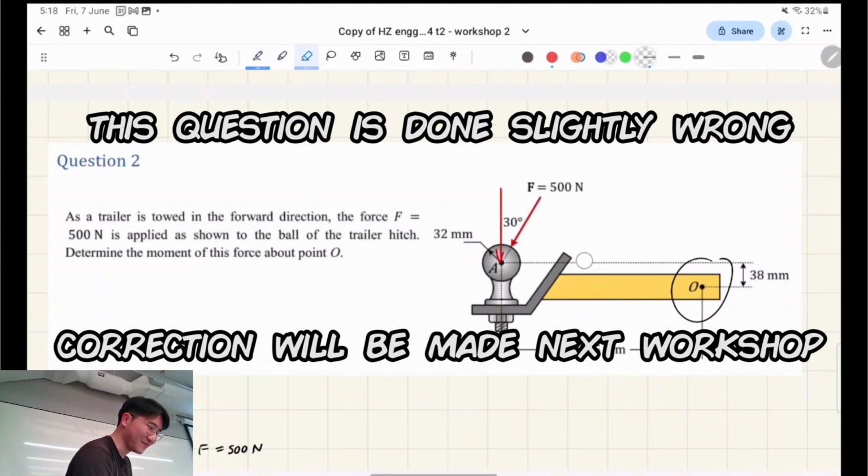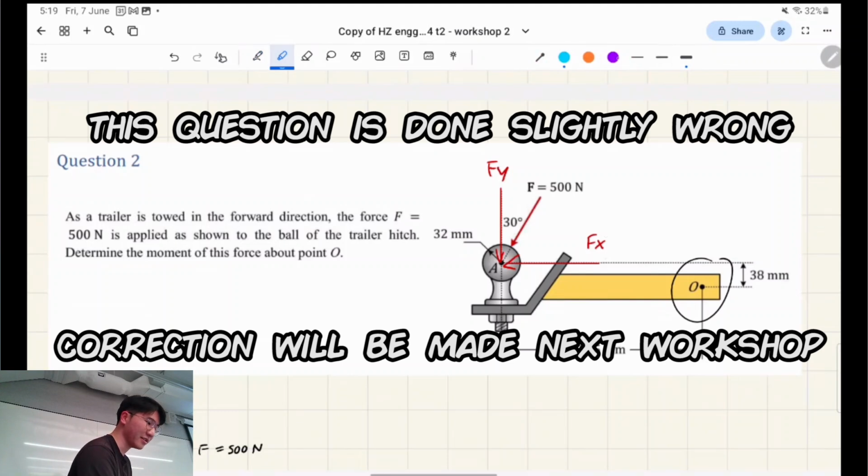So the force is applied directly to the middle of the ball. And we'll call that component Fx and that component Fy. So I've done the same thing, but the force is directly applied to the middle of the ball for whatever reason. Not on the surface, it's just in the middle, okay?